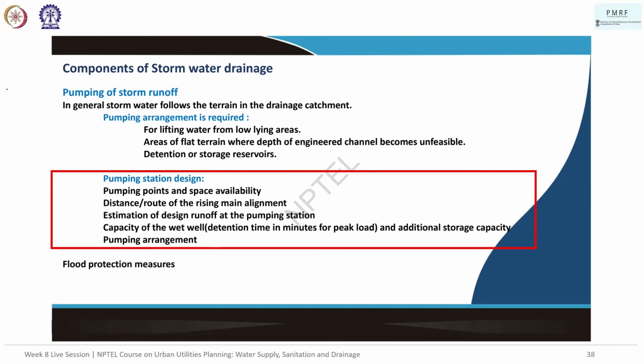So space availability is something that we need to consider. Distance or route of the rising main alignment: basically, if the distance is too much, say your households or your settlement ends here, then your STP is somewhere very far away, this is your settlement. By the time the sewer line comes here, the velocity is going to be so low that the flow of sewage is going to be low.